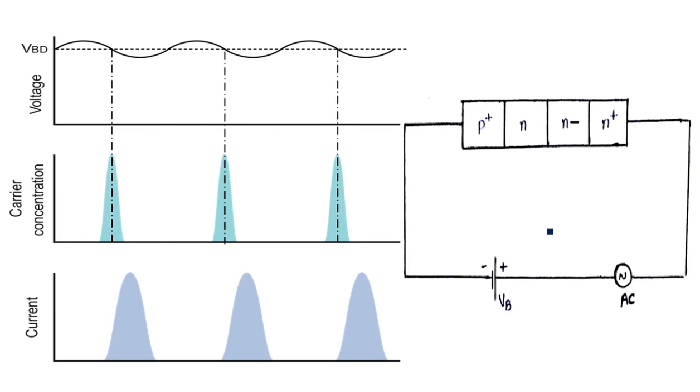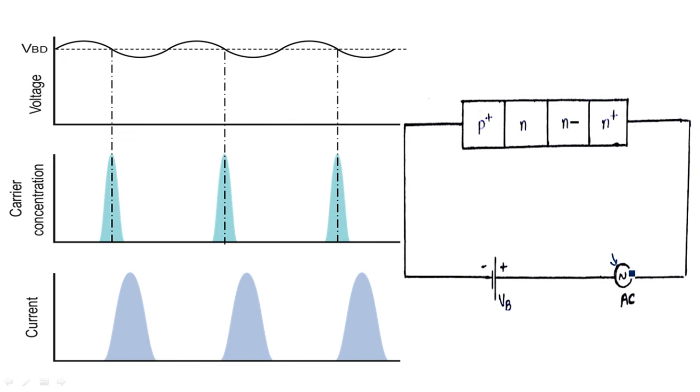Coming to the operation of this IMPATT diode, I have taken this IMPATT diode and applied a negative voltage on the P type and a positive voltage on the N type. Along with this biasing supply, we have also given some alternating current signal at this particular point.